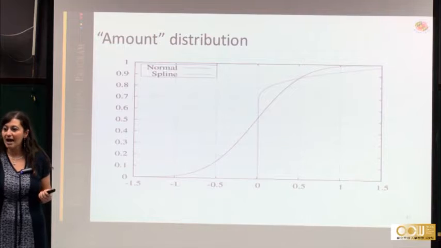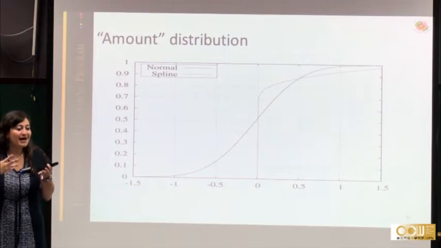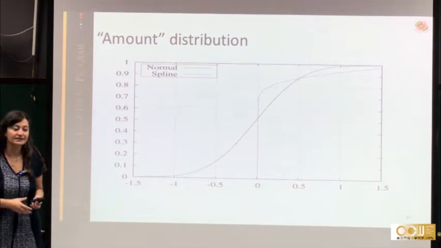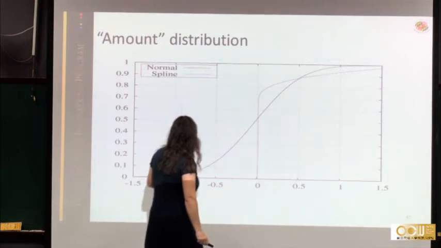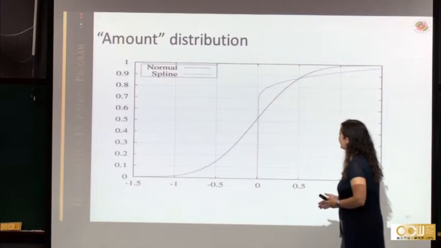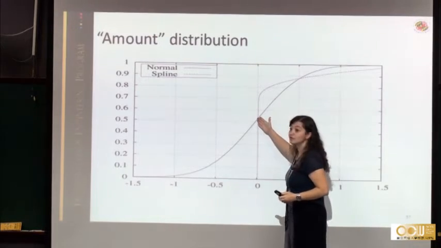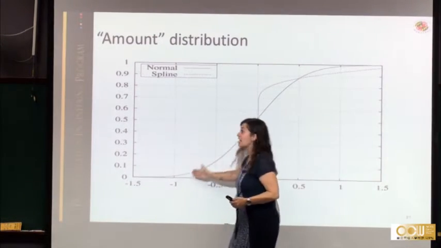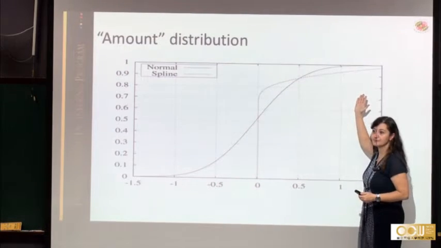For a small amount, the market doesn't even understand that there has been an intervention. So I estimated a mixed logit with normal, and look what I had. I had 50% of the coefficient negative and 50% positive.